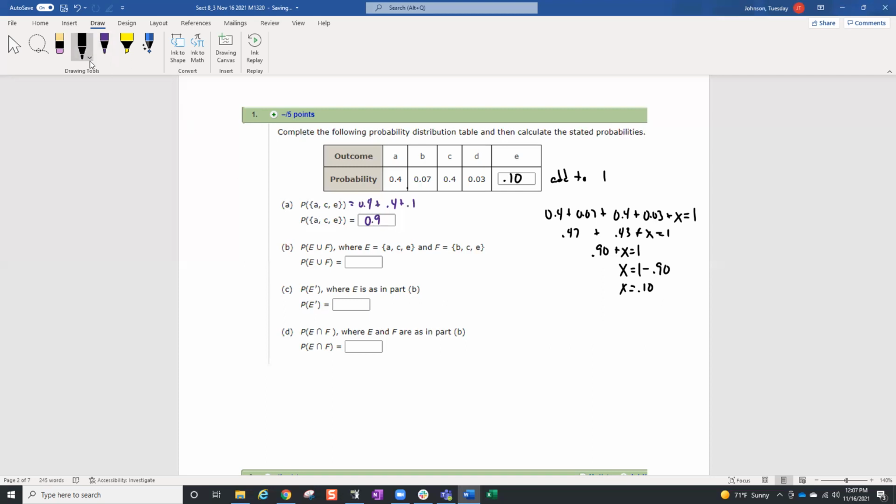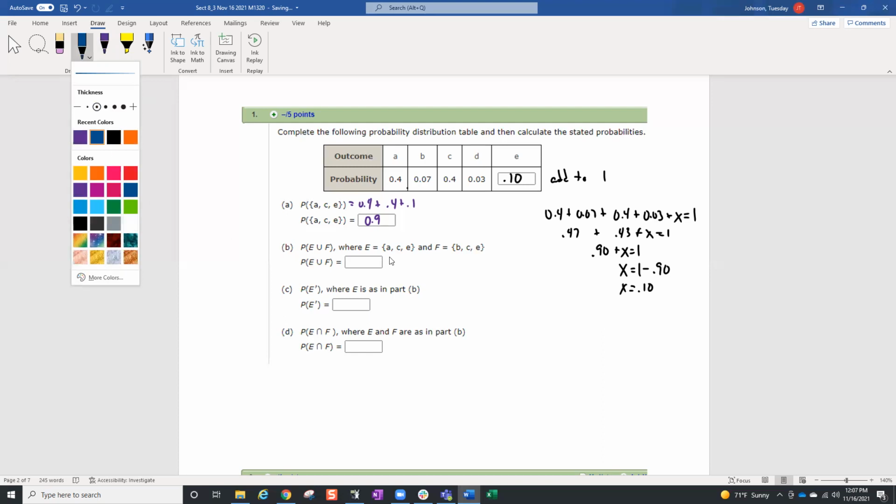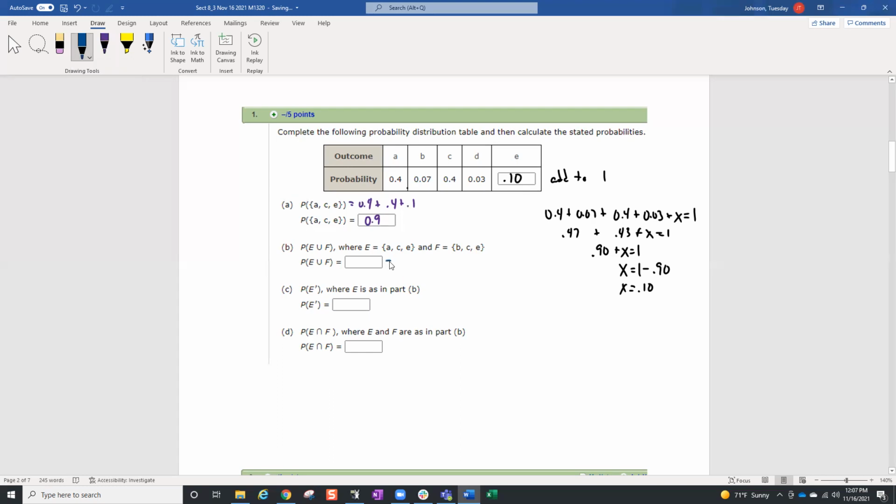Probability of E union F, where E and F are that way. So remember the union rule. This is the probability of E plus the probability of F minus the probability of their intersection.